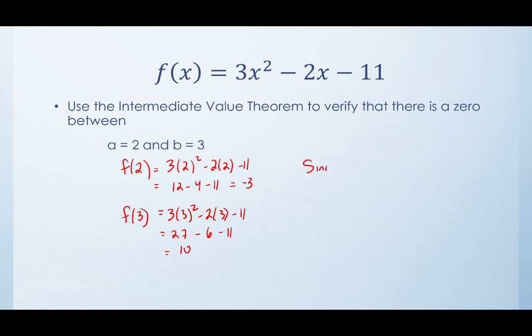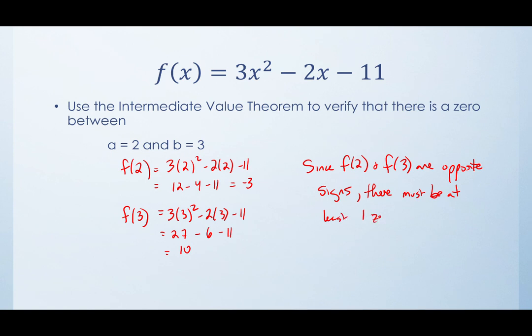So since f of 2 and f of 3 are opposite signs, there must be at least one zero between x equals 2 and x equals 3.